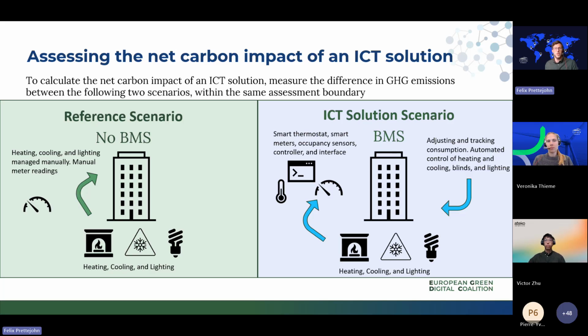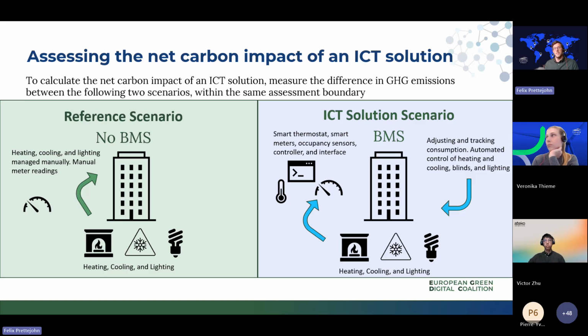Then we want to compare it to the ICT solution scenario, where we have monitoring controls via smart thermostats, via the occupancy sensors, automatic scheduling, automated blinds, etc. And this should result in a lower energy use for the building, and that's what we want to try and find, that comparison. That's the avoided emissions comparison.